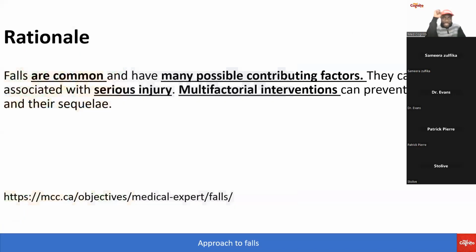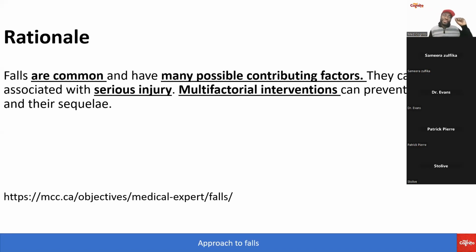The rationale for this is that falls are common. Whenever they start anything with that, I always tell candidates, please pay attention. I say this: common things are common. CTAC, common things are common. So in the MCCQE1 exam, you are being tested on common things.